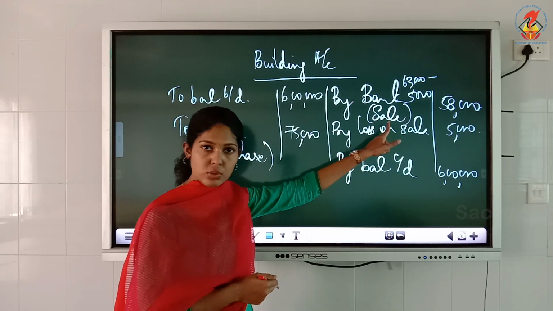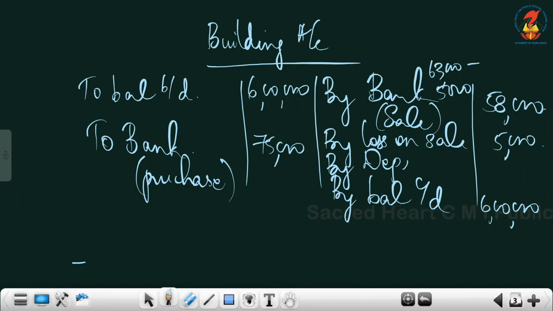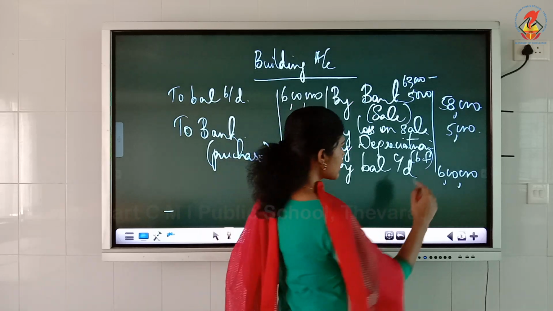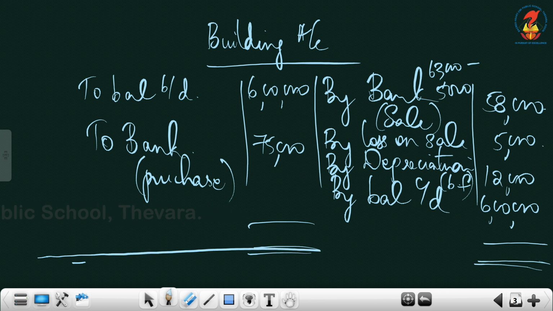Here, since sale value is already given, we will take the balancing figure as depreciation. And it is not by accumulated depreciation, as there is no accumulated depreciation in the question. You just have to write it as by depreciation, and the balancing figure is 12,000. So that is the difference figure. Then you can write the totals and close this account.